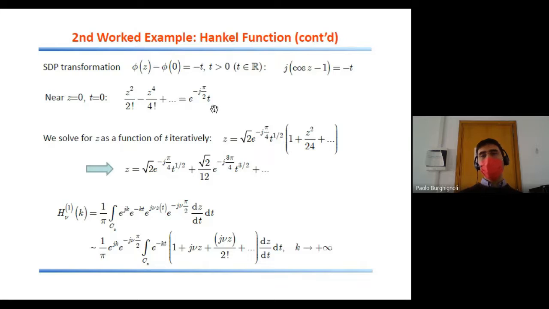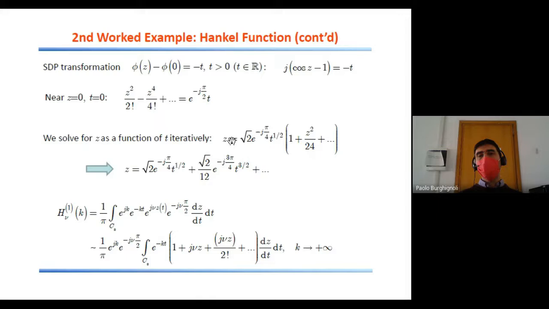So what you can do from this equation is that you can take the square root after you isolate the first term in z, so z squared divided by 2. If you do that, you have that z is equal to the square root of 2 times e to the minus j pi over 4 times the square root of t. And then we have these brackets that contains all the higher order terms in z.